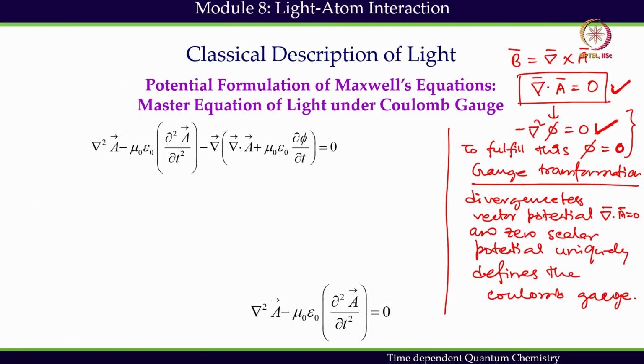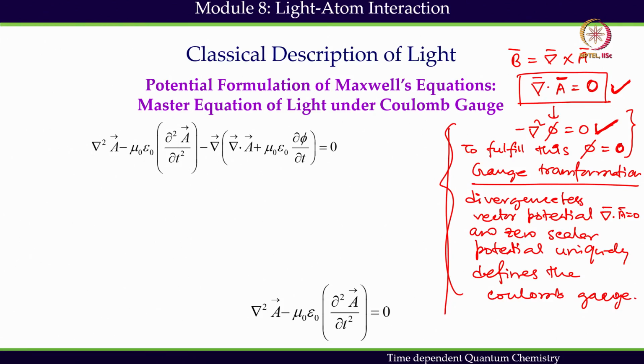We will just follow this particular pathway because it will simplify the problem, and the pathway assumes that the vector potential, the unknown quantity, is divergenceless, and the scalar potential is 0.